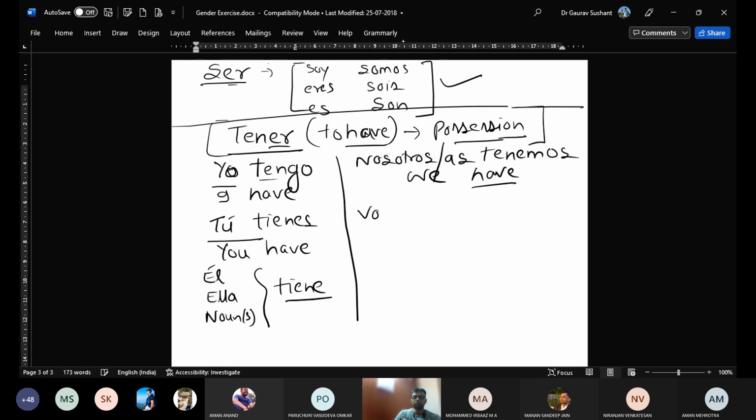Then we have vosotros or vosotras. The form is tenéis. Okay, this is the form, and it will refer to you all have.